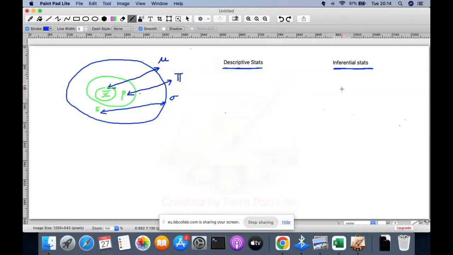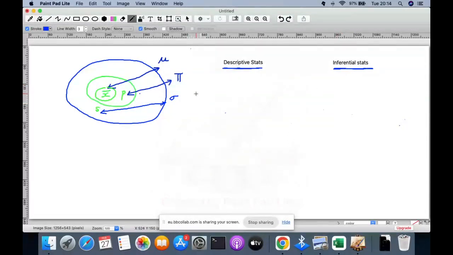How I got that plus or minus 0.05 grams is I got it using the sample, using this green group here, which was much easier to obtain than getting the actual true population. Based on that sample, I can say what that deviation is, that give or take of plus or minus 0.05 grams. So that's inferential stats.